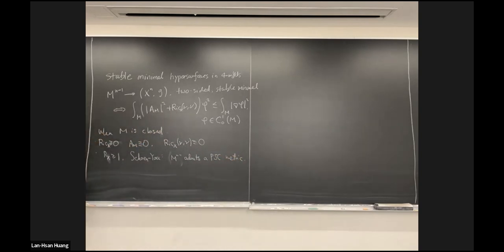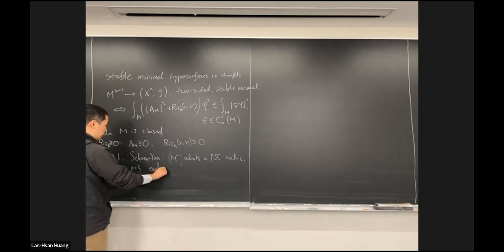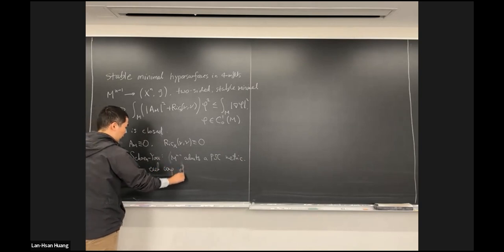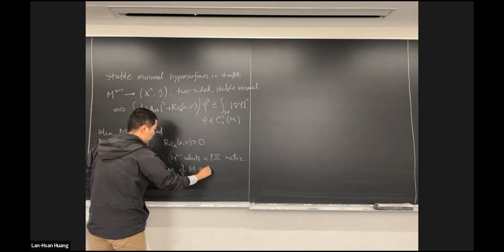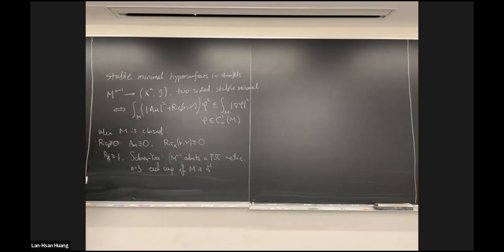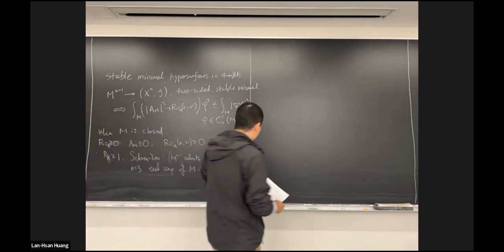In particular in dimension 3, so when n is 3, this is particularly strong, because any two-dimensional surface admitting a positive scalar curvature metric has to be a sphere. So each connected component of M is diffeomorphic to S^2, and with an area bound as well.